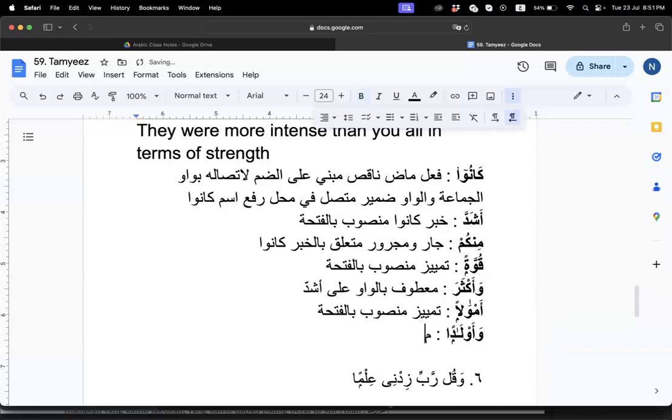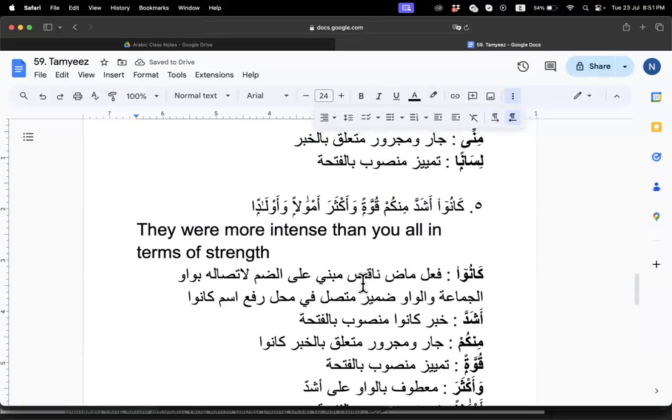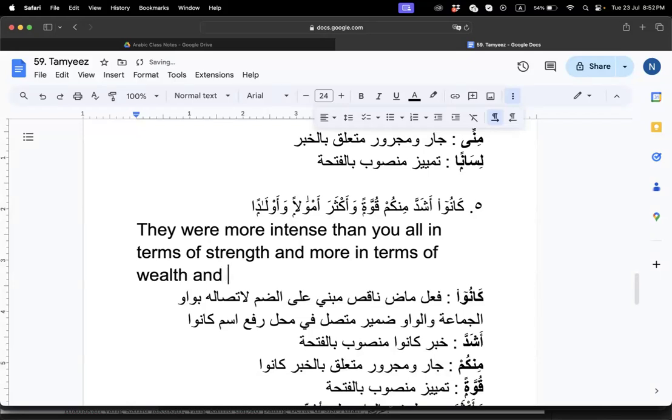We say this is ma'tuf bil waw ala amwalan. Okay, so the translation of this part is: and more wealth and children, in terms of wealth and children.